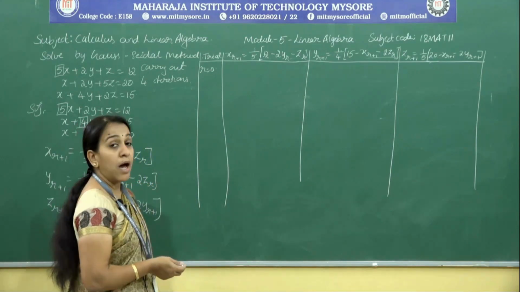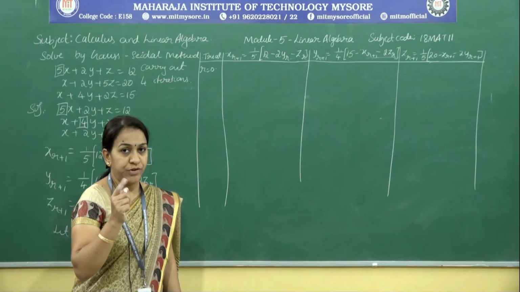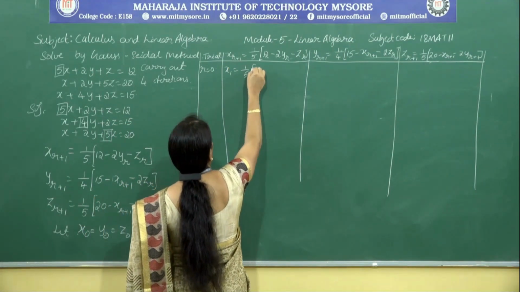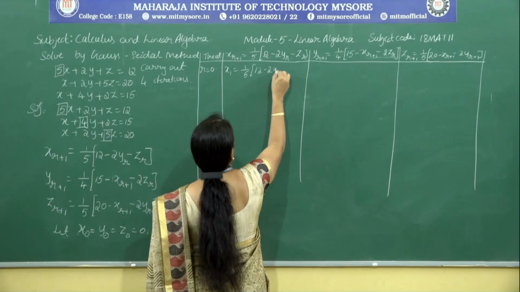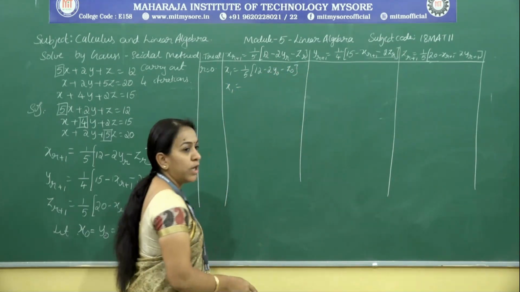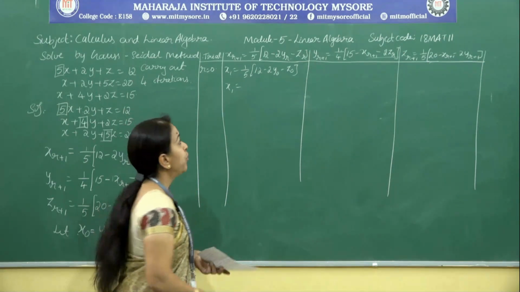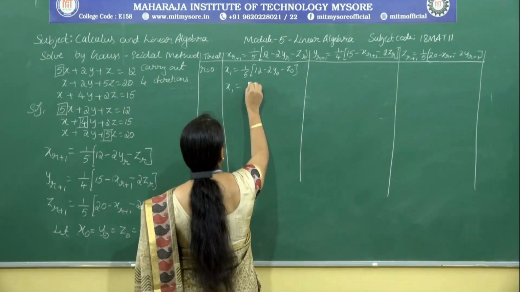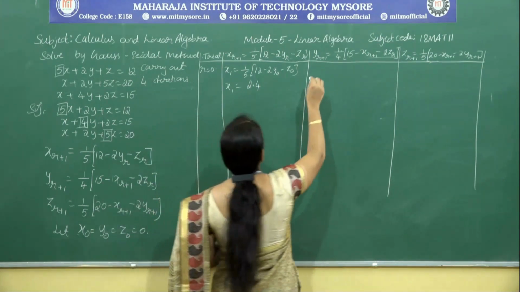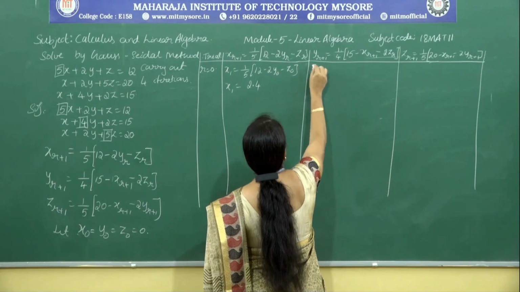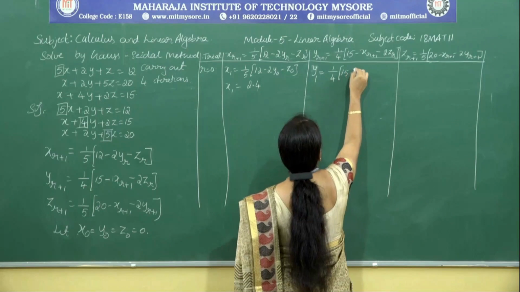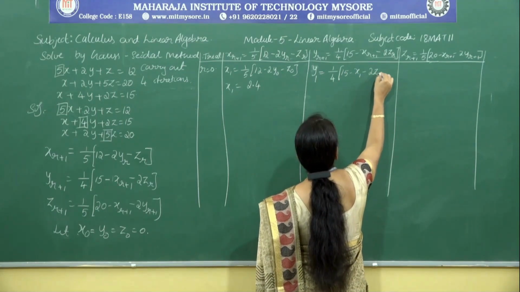Okay. So if I substitute r equal to 0 with the first trial, I will get the x1 value as 1 by 5 into 12 minus 2 times y naught minus z naught, and if I calculate by substituting y naught and z naught as 0, your result will be 2.4. Similarly, y1 is 1 by 4 into 15 minus x1 minus 2 times z naught.